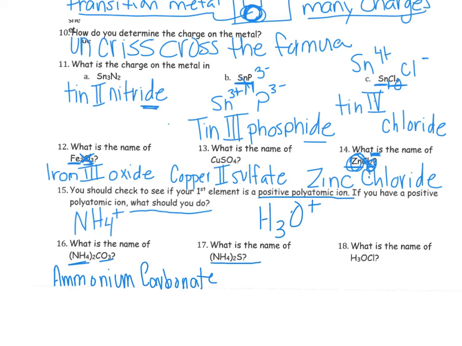I have NH4 again, so I have another ammonium. And the second one here is an element. And so the first one gets its name, and the second one ends in IDE. So that is sulfur. So I have ammonium sulfide.